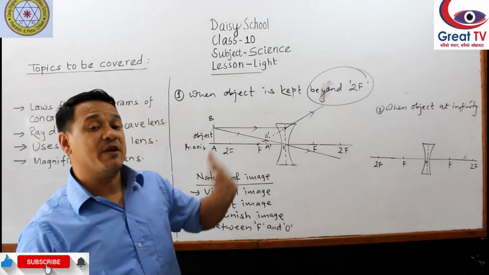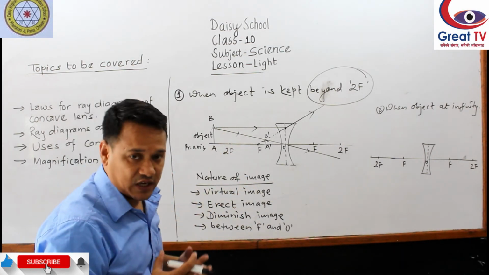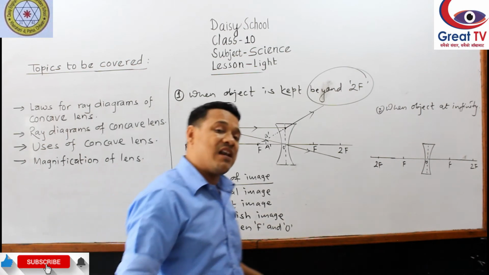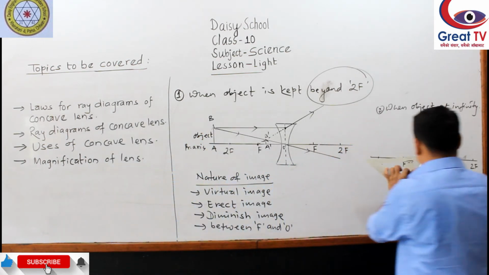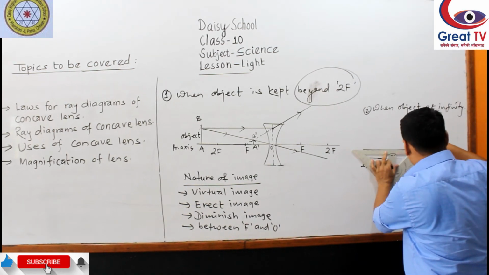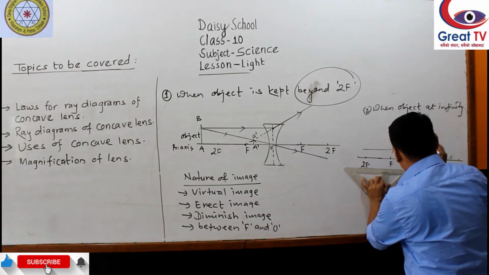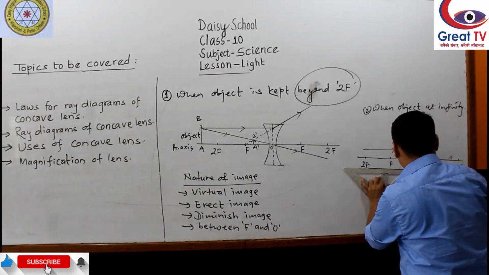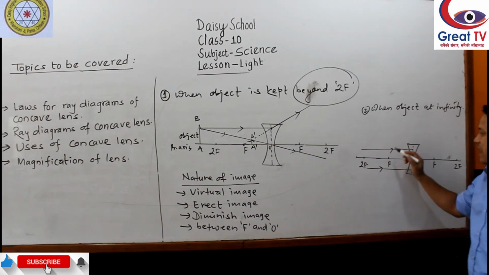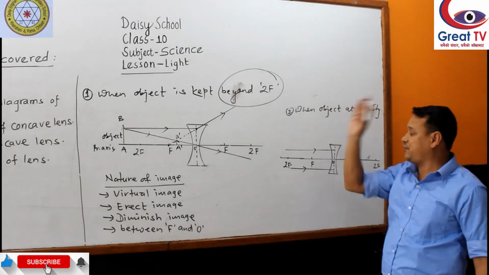Infinity means very far from us. That's why only light rays from the object we can capture on the lens. So parallel light rays from the far object, distant object, we can capture. One parallel light ray to the lens, another parallel light ray to the lens. So I have taken two parallel light rays from the distant object, from the infinity object.